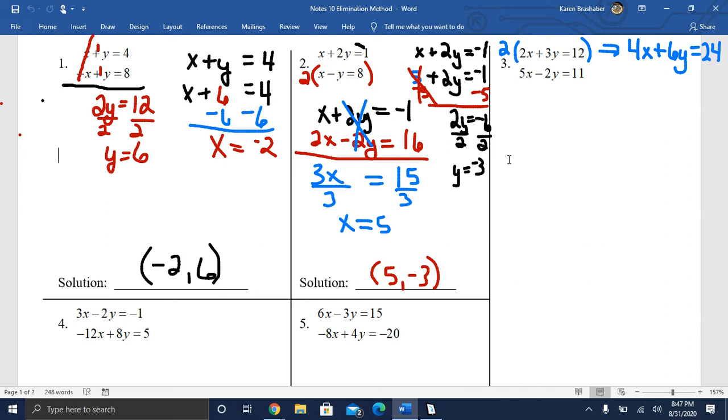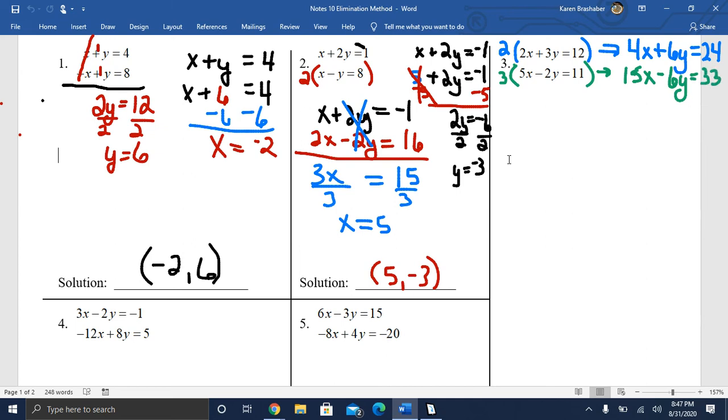Now, for my second equation, I've created a +6y. For my second equation, I need to create a -6y, and a 3 will make that happen. So if I multiply everything by 3, I'll have 15x and then -6y. So notice, same numbers, opposite sign, equals, and then 3 times 11, 33.